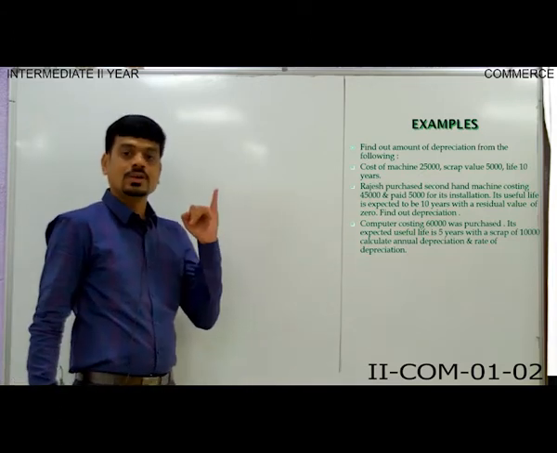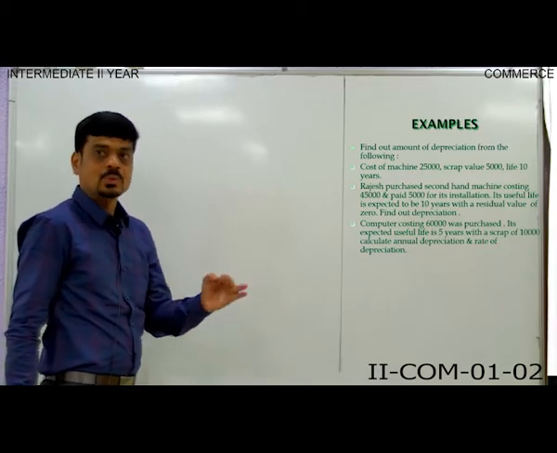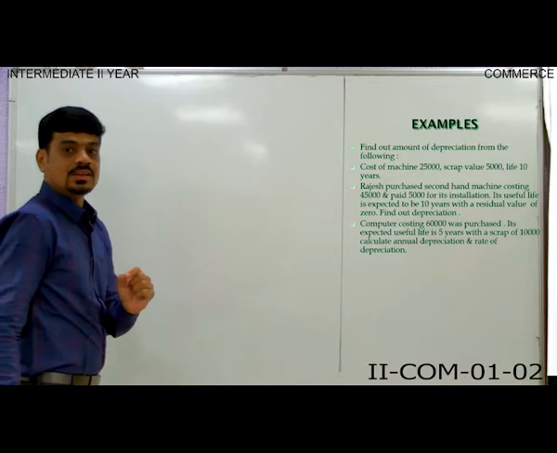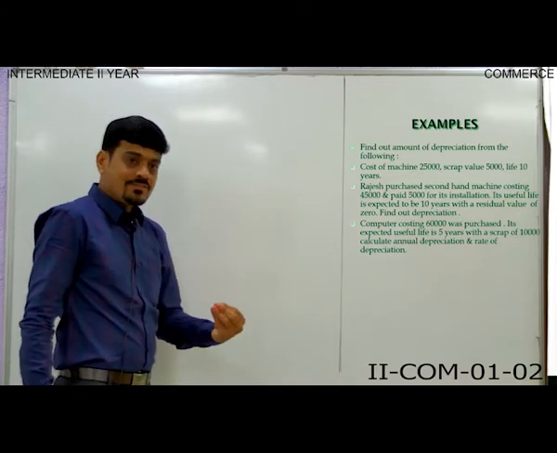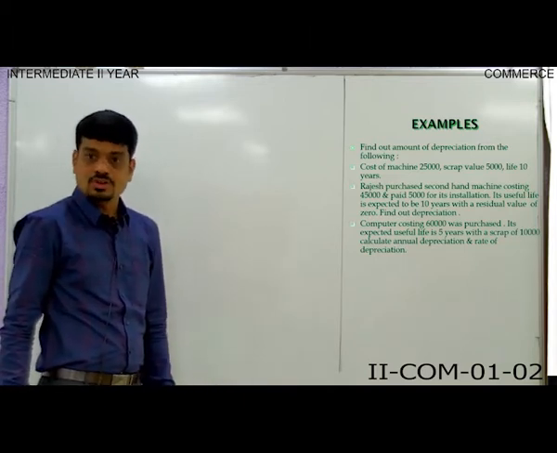One was the cost of asset, one was your scrap value, and one was the life of asset. One more thing, in the question they asked only the amount of depreciation. If we feel, we can calculate even the rate of depreciation also.